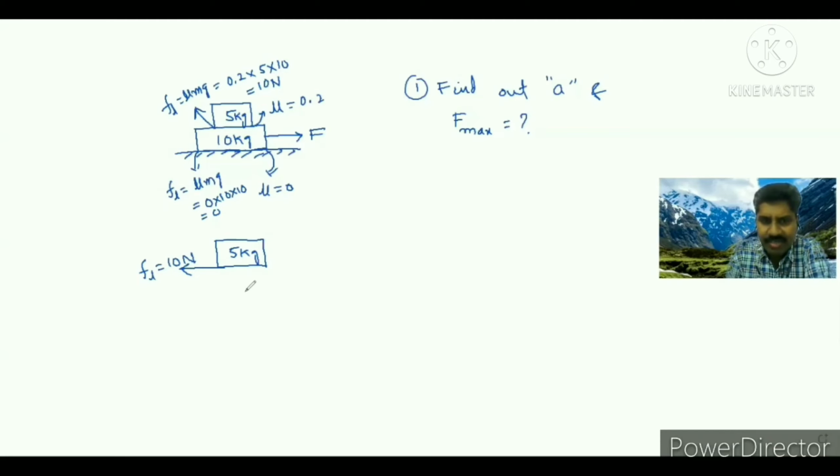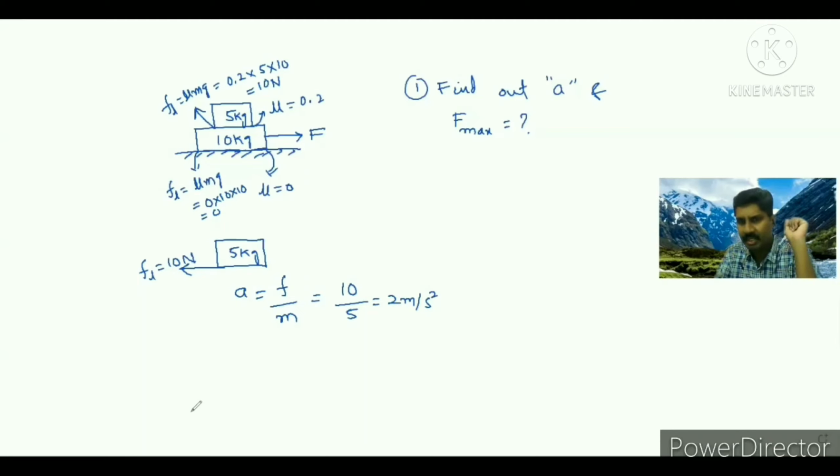We know acceleration is equal to frictional force by mass, F is equal to ma. So 10 newtons divided by 5 kg gives 2 meter per second square, the acceleration of the 5 kg block.